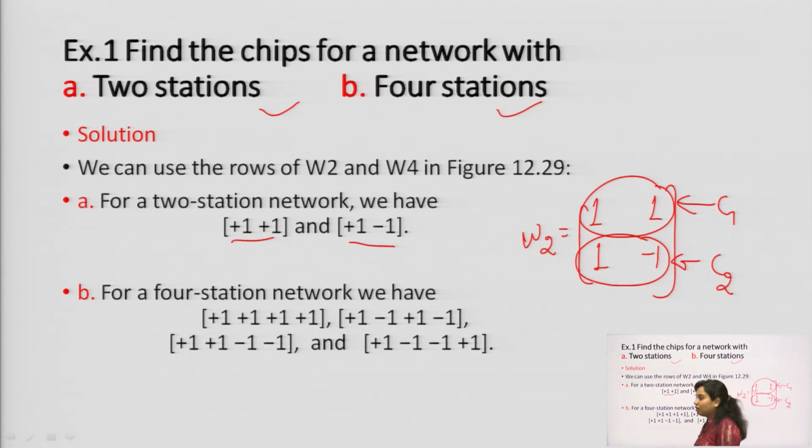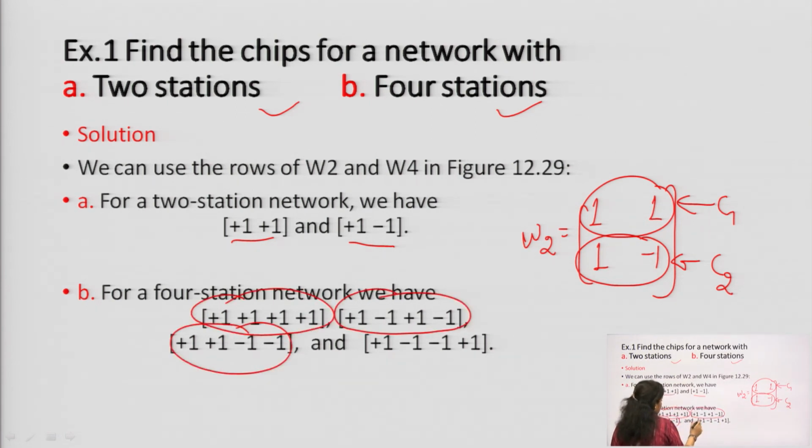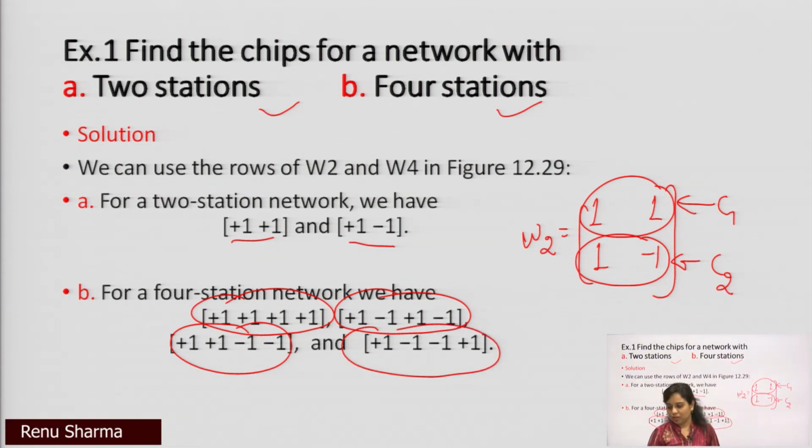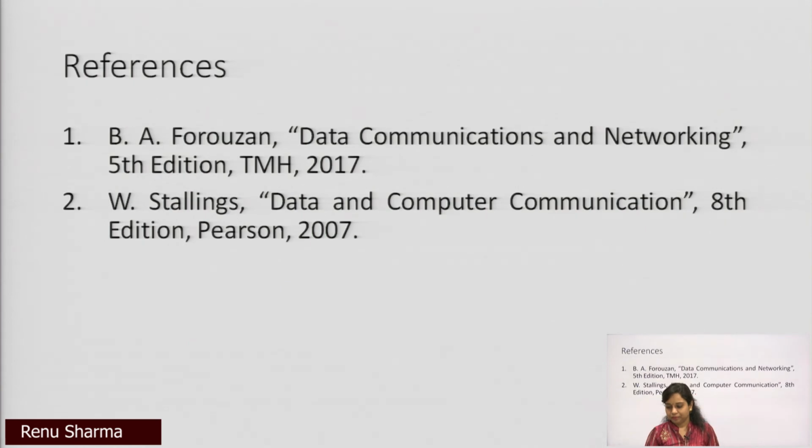This is the code allocation for the 2 stations. When we consider the 4 stations condition, then this has to be repeated again. This code is used by the first user, this by the second user, this by the third user, and this by the fourth user. So this is the case for the 4 stations.